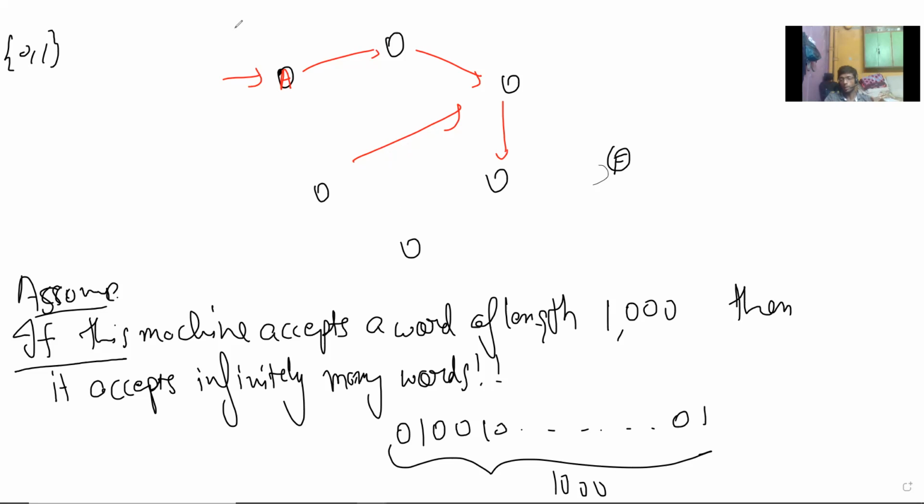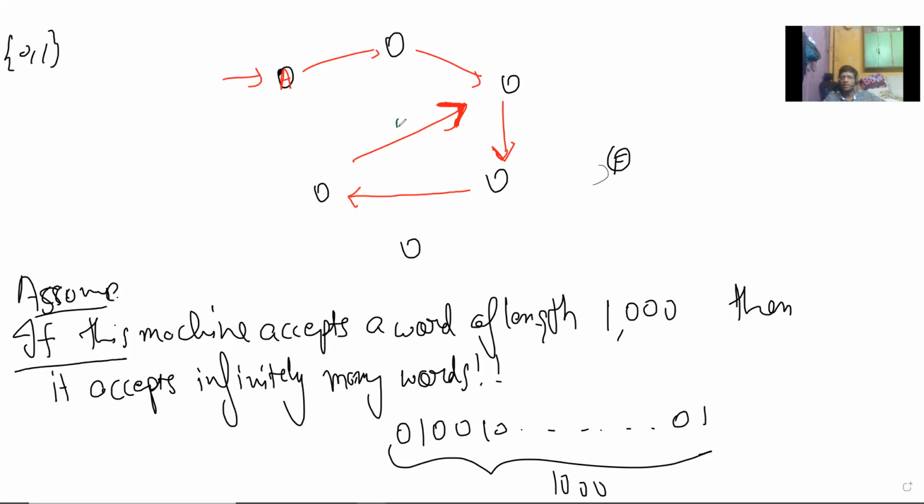Now let's catch that going into a cycle. We don't need most of the problem here. We just need the fact that it goes into a cycle. It means that there is a cycle in the automaton itself, in the machine itself. From this one cycle, you can repeat that part of the word which uses the cycle.